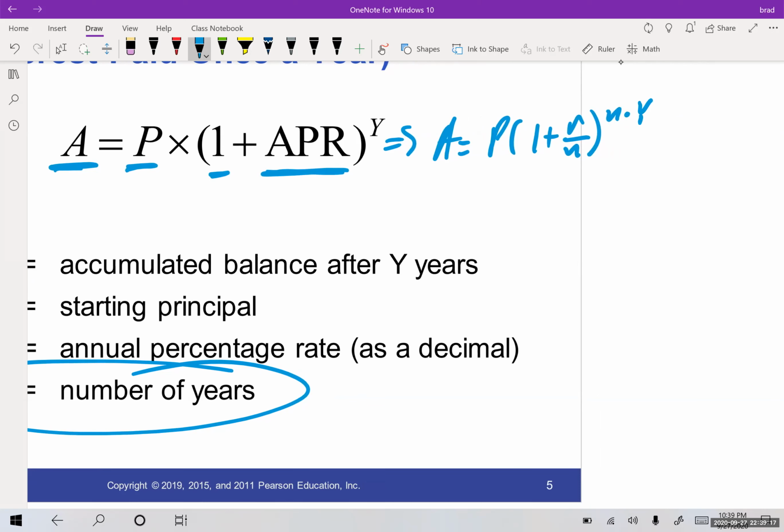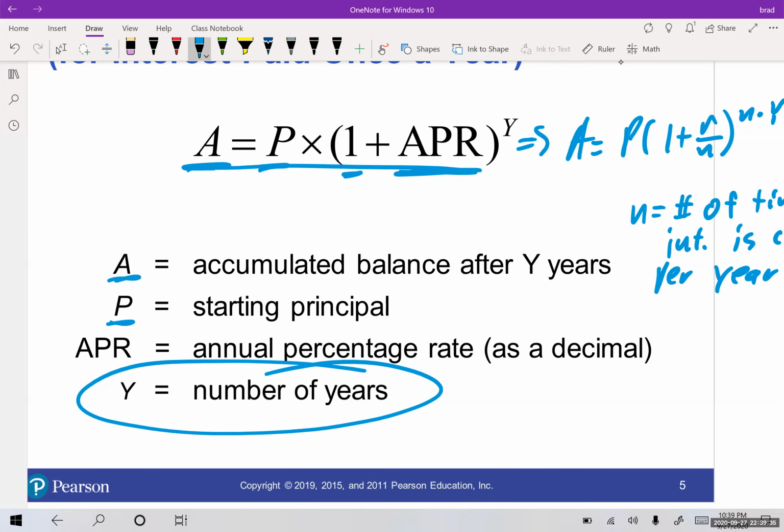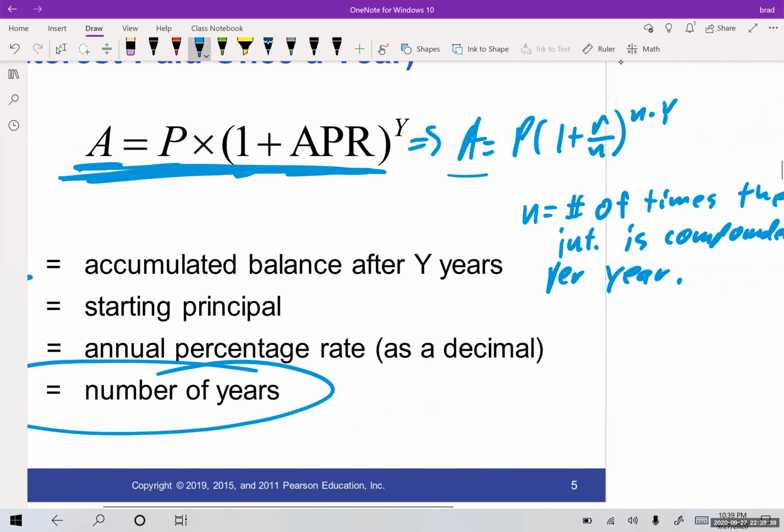Now N equals the number of times the interest is compounded per year. We're going to use this formula, and I'm going to show you why I memorized it. This is the one I prefer, just because I don't want to memorize a formula that only works sometimes.